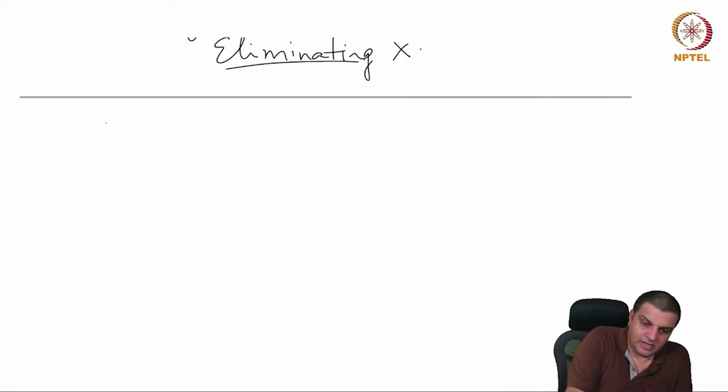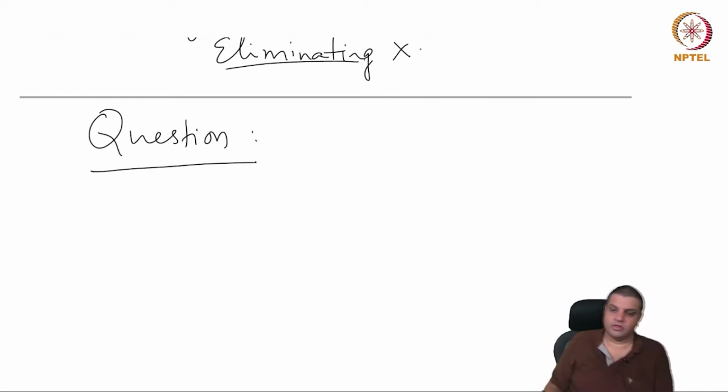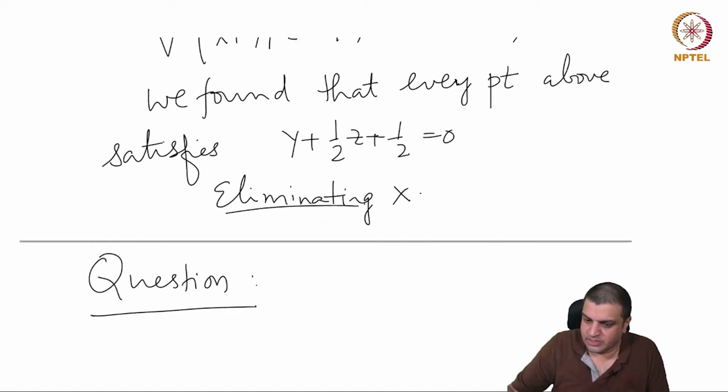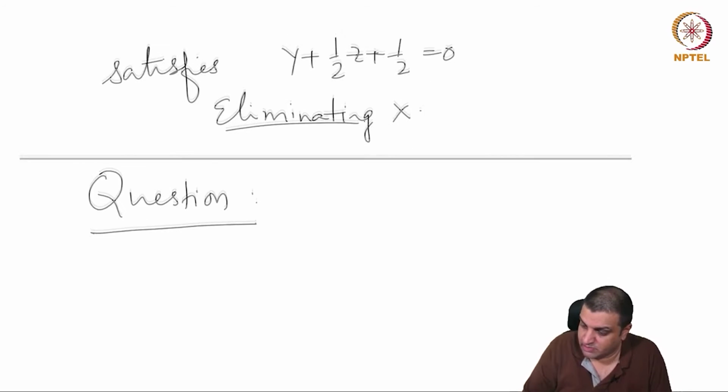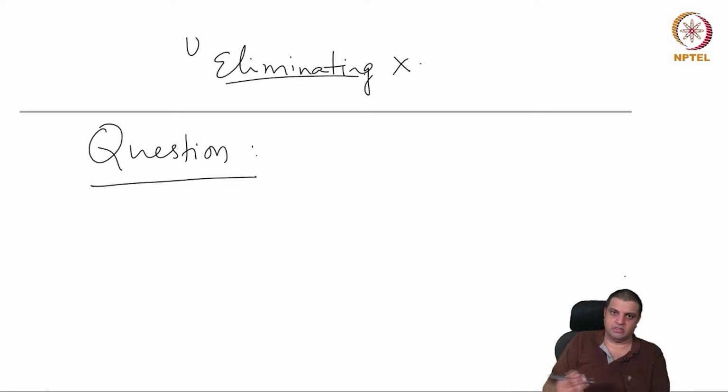So now we ask the question: how do we find such equations? In the linear case, we just do it by Gaussian elimination, which is clearing out the x terms. So how do we do it properly in the higher degree case?